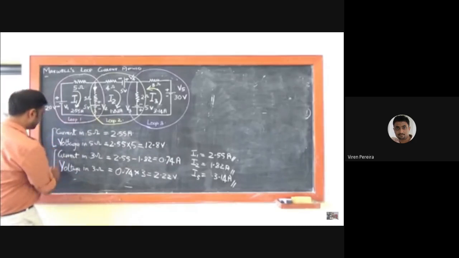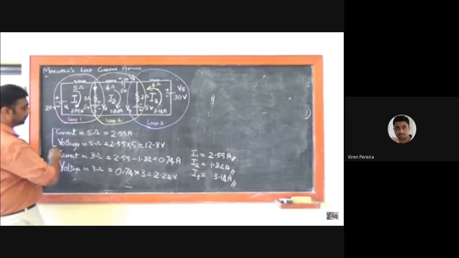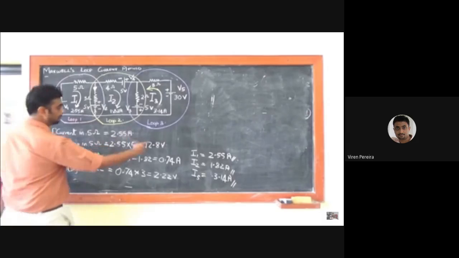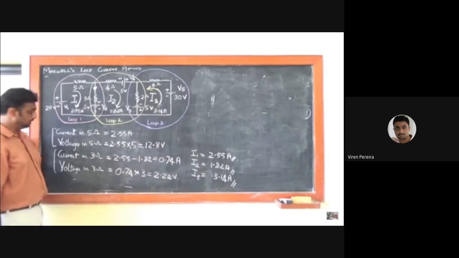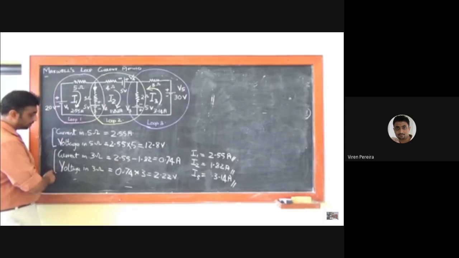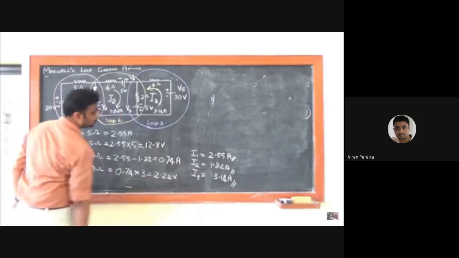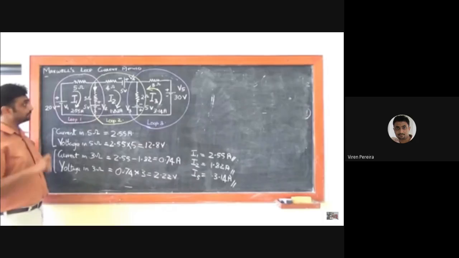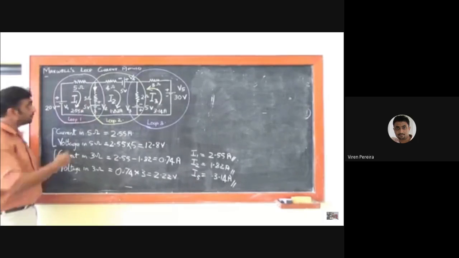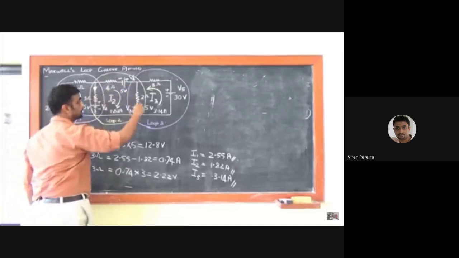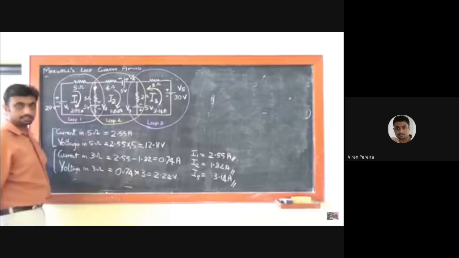So I found out first the current and voltage in my 5 ohms resistor. I got the value here. It becomes so simple. And I found out the current and voltage in my 3 ohms resistor as well. In the same way, we can find out the voltage and currents through each and every resistor.